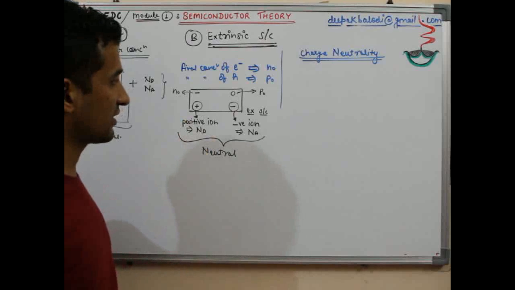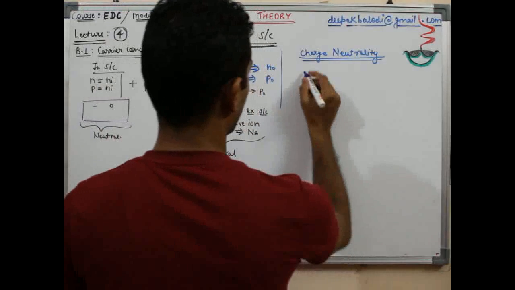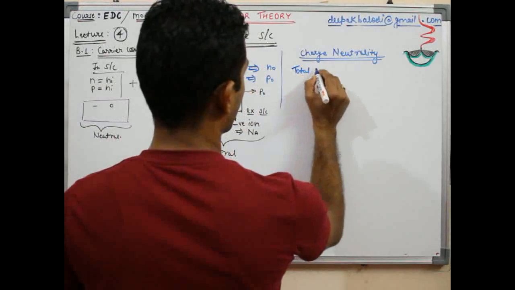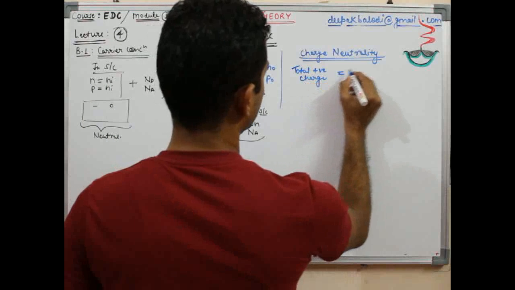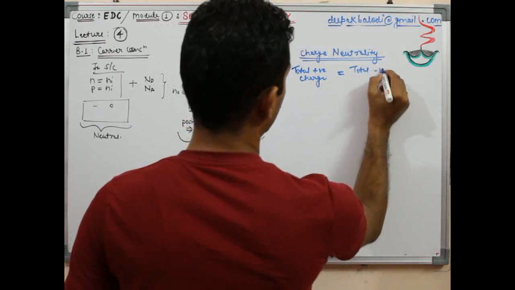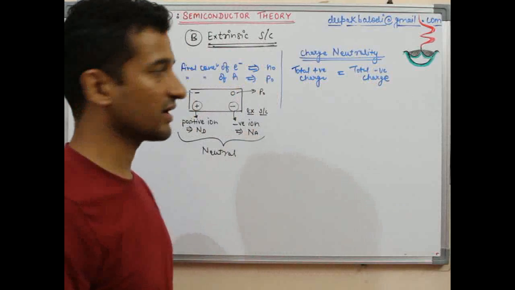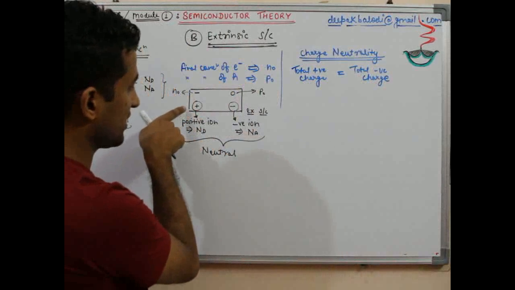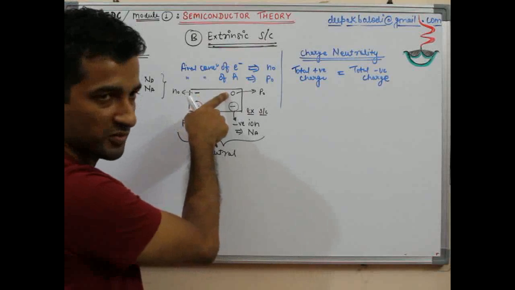And if that has to happen, then the total positive charge must be the same as the total negative charge. So let us see the total positive and negative charges. Total positive charge is the number of positive ions per centimeter cube and the number of holes per centimeter cube.